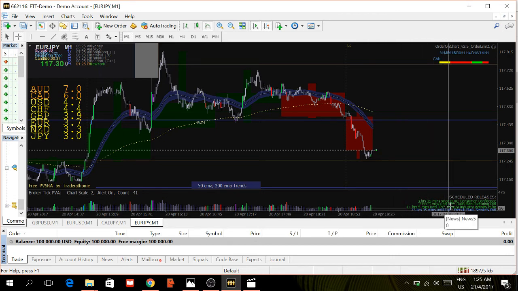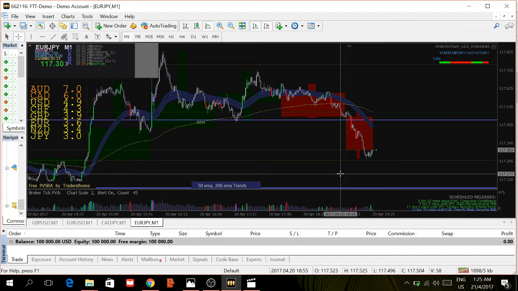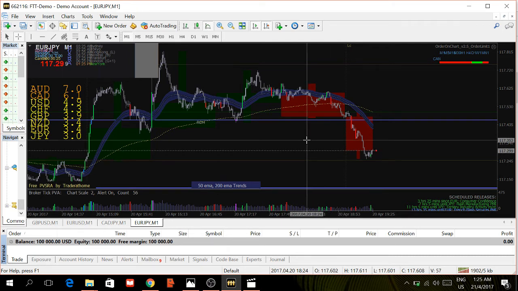You have to pay attention to red news. I'm not going to explain yet how to trade, because I want you to understand first the meaning of each element in PVSRA before you start trading.